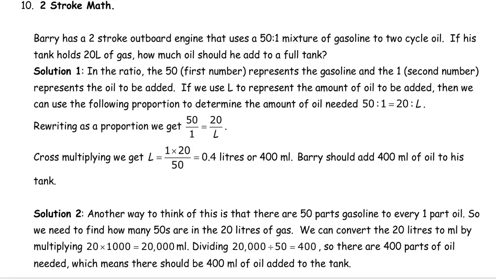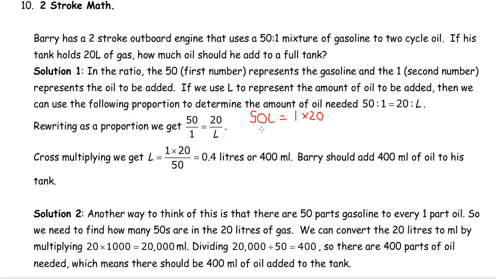Now, a slightly different way to do the cross multiplying, which some teachers teach, is that the 50 and the L are on the diagonal. So we would write 50 times L, or 50L, equals the product of the 1 and the 20. And I just want to show that this works out to exactly the same thing.